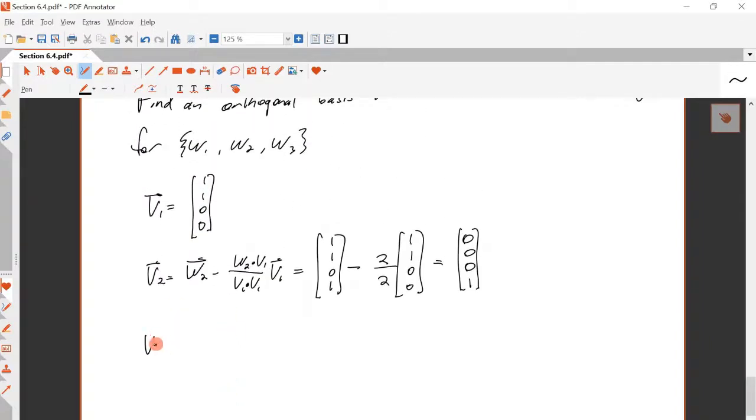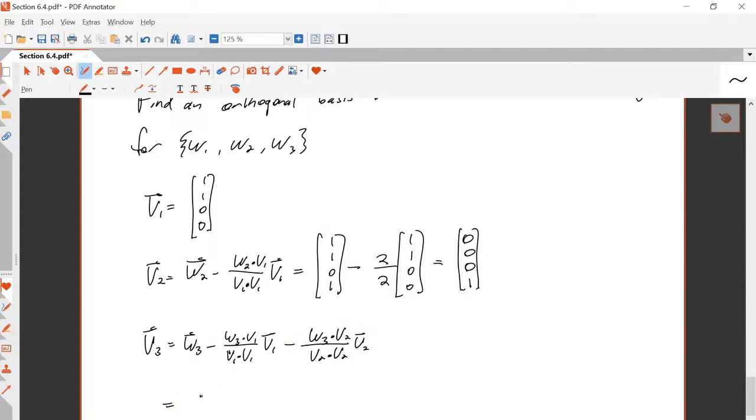V3 is W3 minus W3 dot V1 over V1 dot V1 times V1, minus W3 dot V2 over V2 dot V2 times V2.